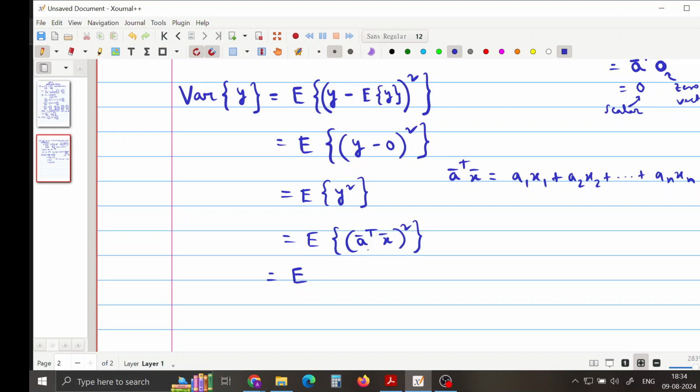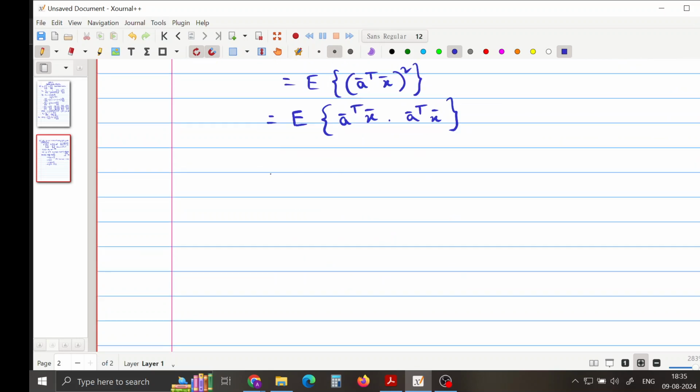Since this thing is a scalar, we are taking the square of a scalar. I can write it like this, basically splitting the square as multiplying it 2 times.